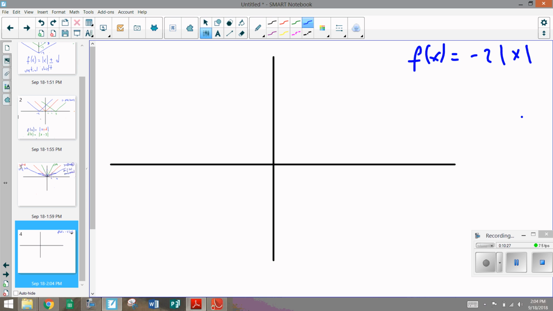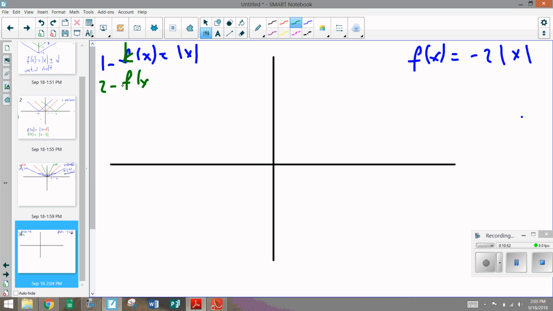Now, first, there are 3 steps. First step, I'm going to draw the parent function, f of x is equal to absolute value x. Then second step, I'm going to draw, let's say, k of x.